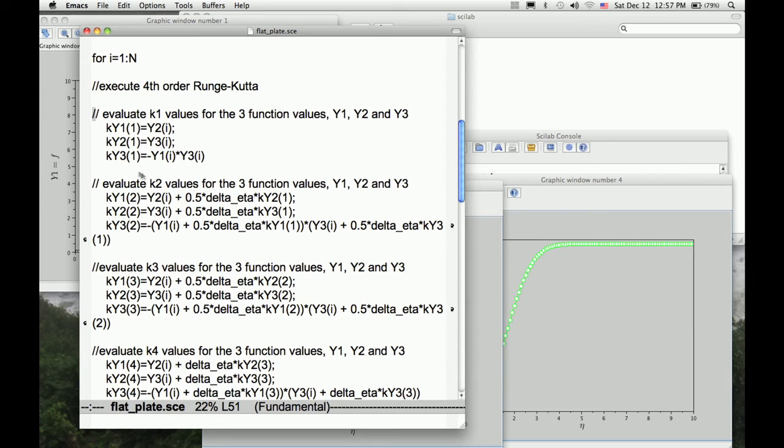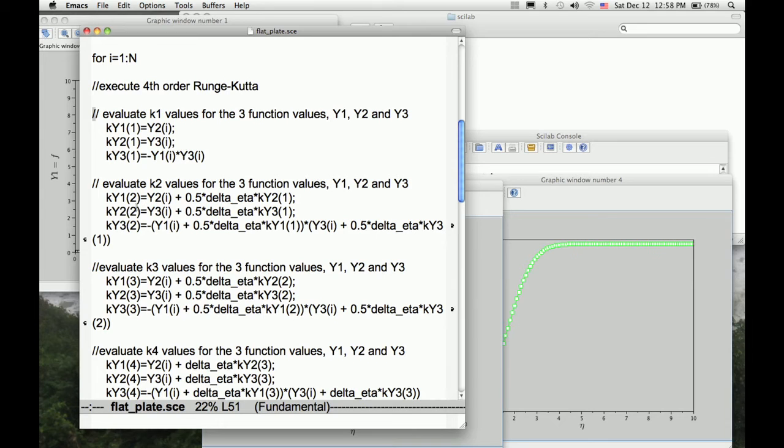So what I am doing is that I do this, and you can see ky1. To that I have the original y2, and to that I add half delta eta, ky2 1. This ky2 1 comes from the step above here.